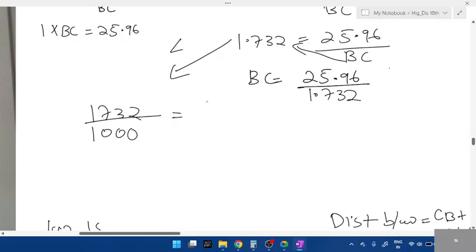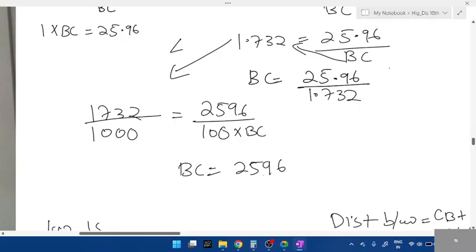In the same way, 25.96: if I remove the decimal, how many numbers are there after the decimal? 96, only 2 numbers, right? So you have to divide by 100. If BC goes to the other side, 2596 divided by 100. This 1000 will get multiplied here into 1732. Is this clear? Did you all understand?